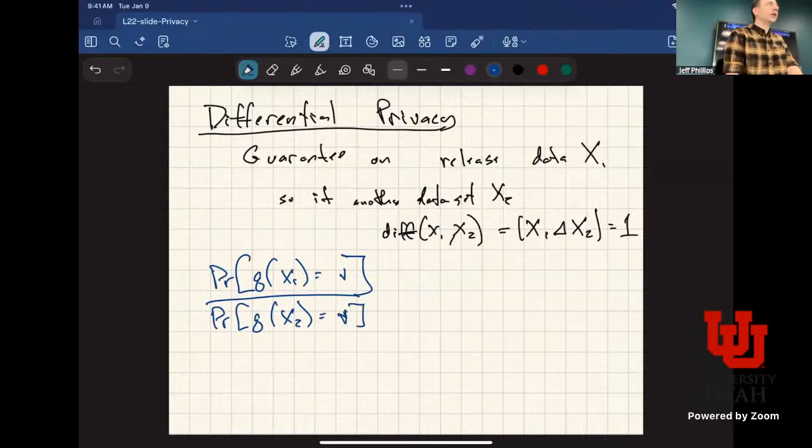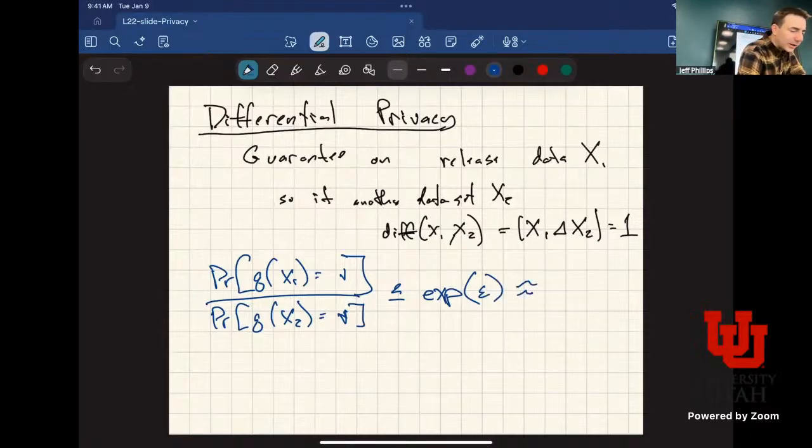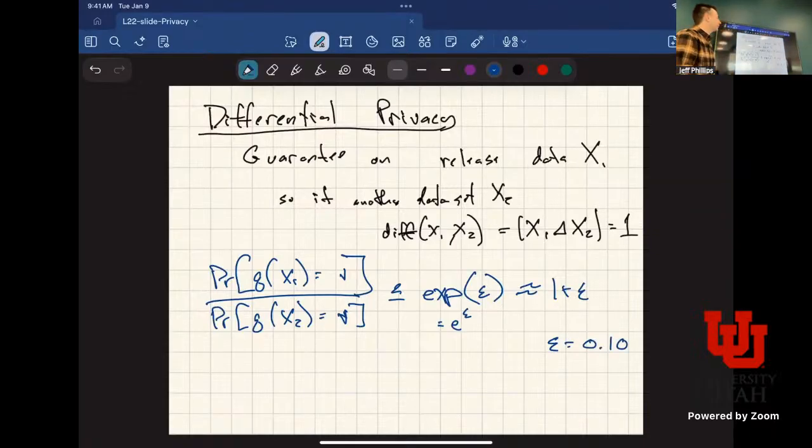If I look at the ratio of these probabilities, it is at most e to the power epsilon. And e to the power epsilon is roughly equal to 1 plus epsilon. So think of epsilon as an error tolerance, like 10%. The ratio is off by about 10%, so the probabilities of the two events should be close to each other.